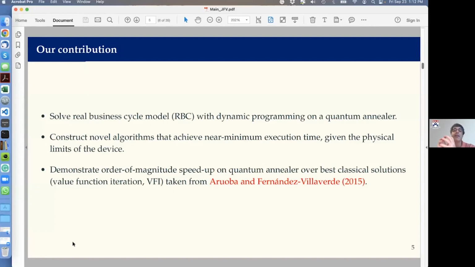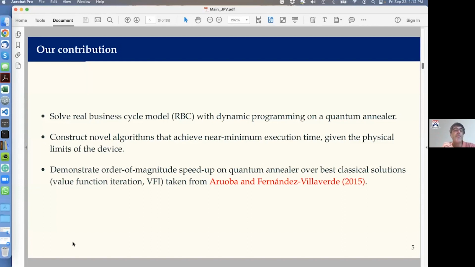So in that sense, I'm taking absolutely the fundamental model that macroeconomists use to start organizing their thinking. And I'm going to say, well, instead of writing this in Python, as most graduate students are going to do, and running it on my laptop, can I take it to a quantum annealer?